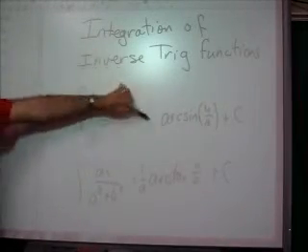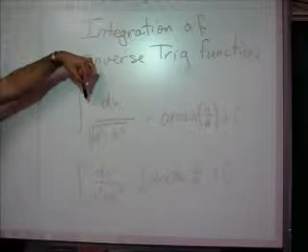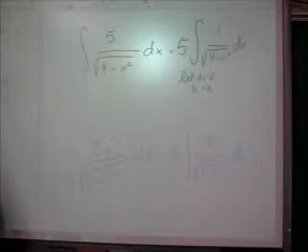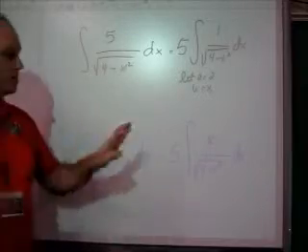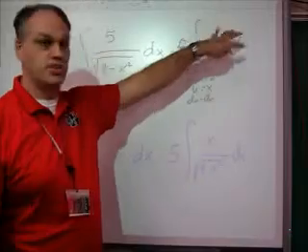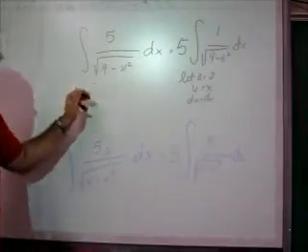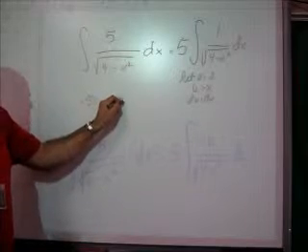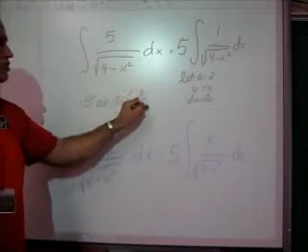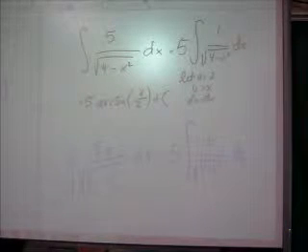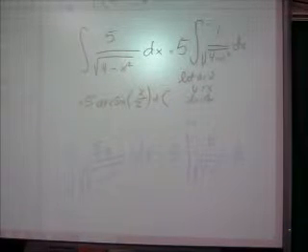Yes. Does everybody agree? Because then du is equal to dx, and we've got all those pieces. So we should be able to say this is equal to 5 times the arc sine of x over 2 plus c, because that one matches the arc sine formula.